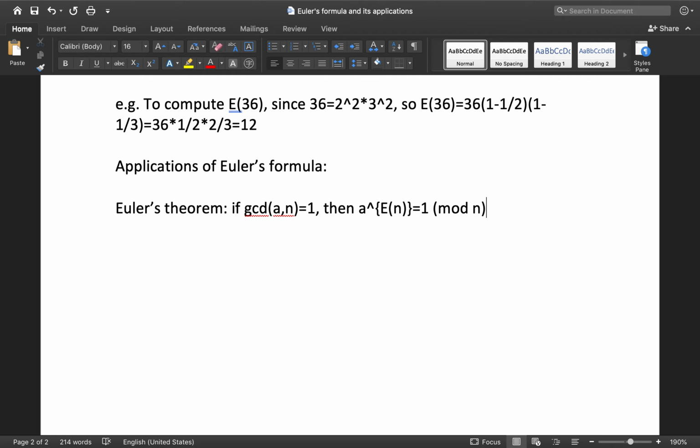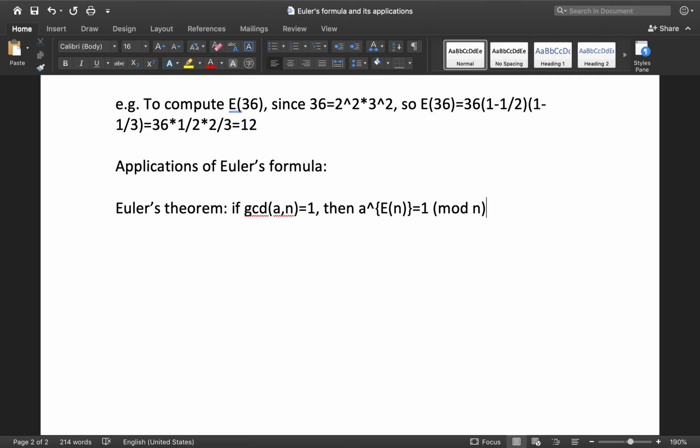And remember, before, when we were talking about congruence relations, usually we have a very huge number in the form of a power, and it's so big that it's impossible for us to use a calculator to compute the value explicitly.